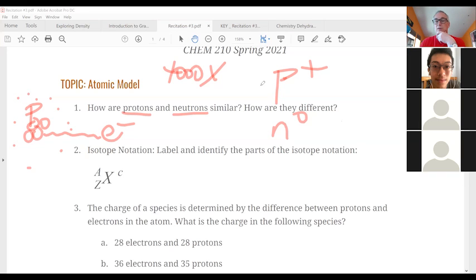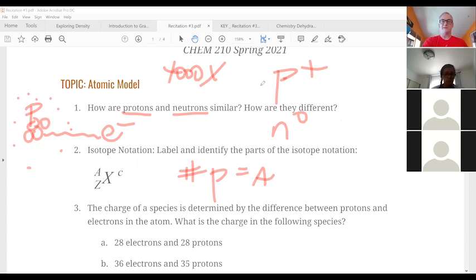Electron? Go ahead. I think you had it. There's the atomic mass and the atomic number. The atomic number, exactly. The atomic number is equal to the number of protons.